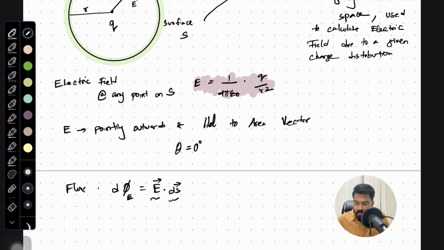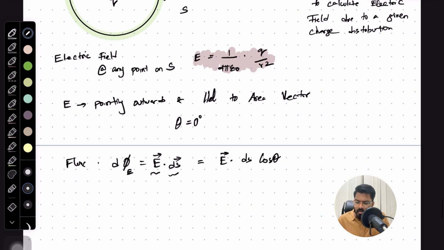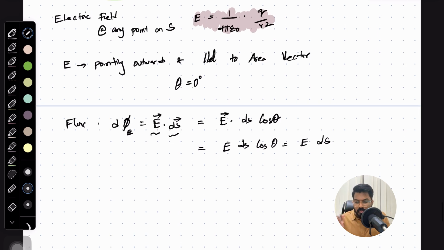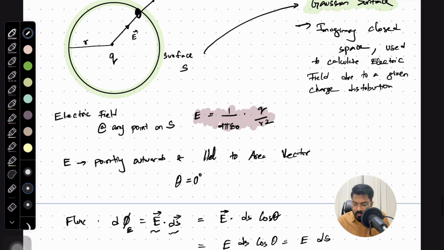That is E vector dot dS cos theta. But we already saw that theta is 0, and cos 0 is 1. So E into dS. This is for that small area.